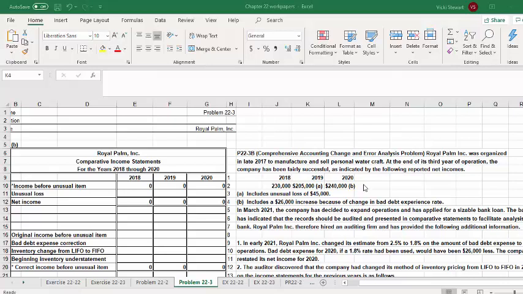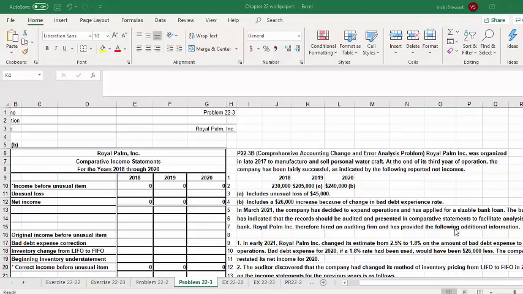The problem gives us the amount of net income for 2018, 19, and 20, indicates that 19 includes an unusual loss of 45,000, and the 2020 net income includes a $26,000 increase because of a change in the bad debt experience rate.